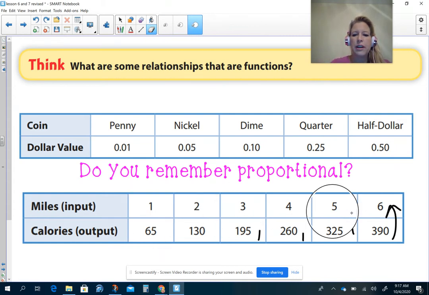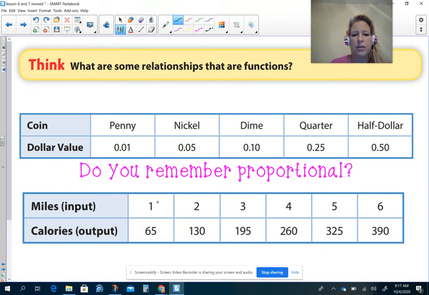And as we're looking at this, can you remember your 6th and 7th grade skills to see if we remember what proportional means? Look at this. We've got 65, right? 1 times 65 is 65. Do we notice that we can multiply this to get that? Do you remember what proportional means?